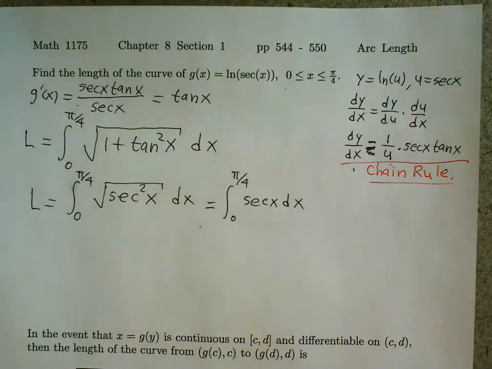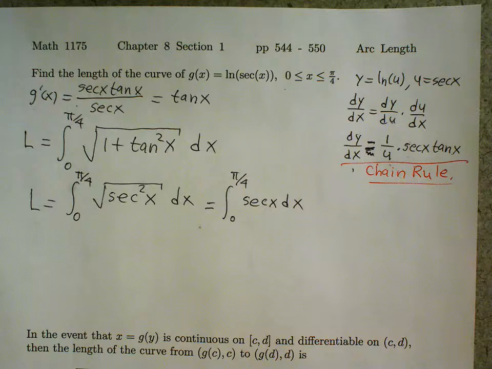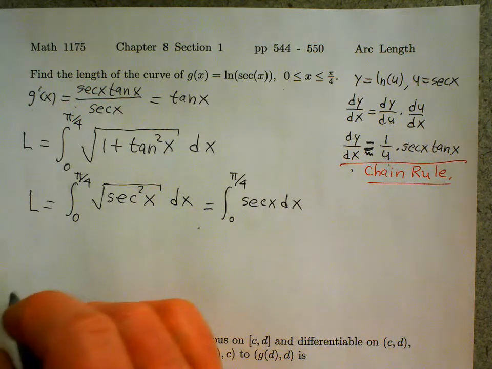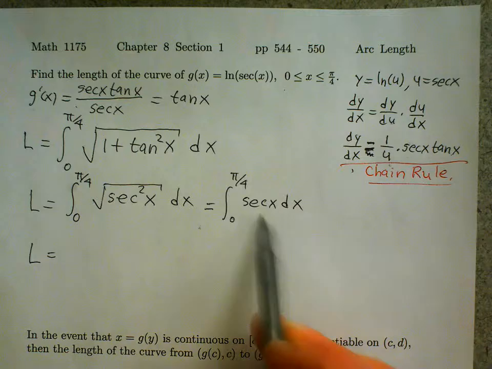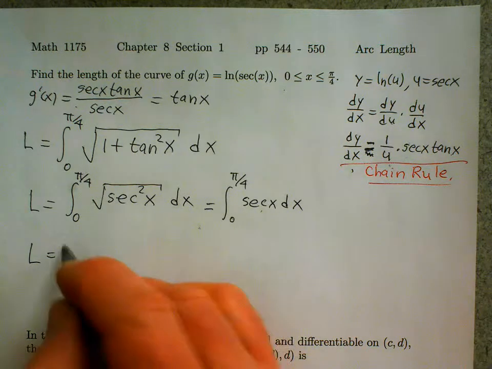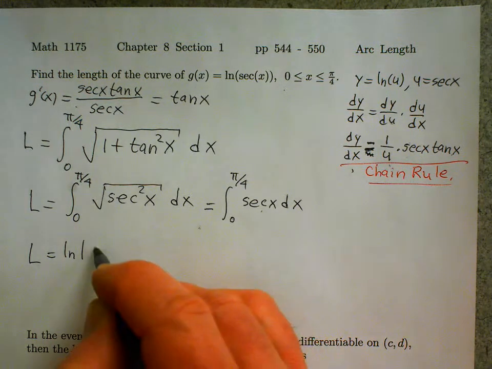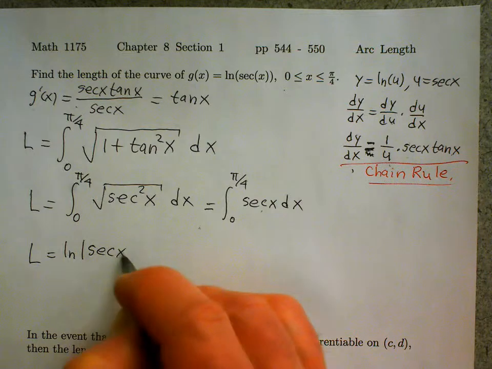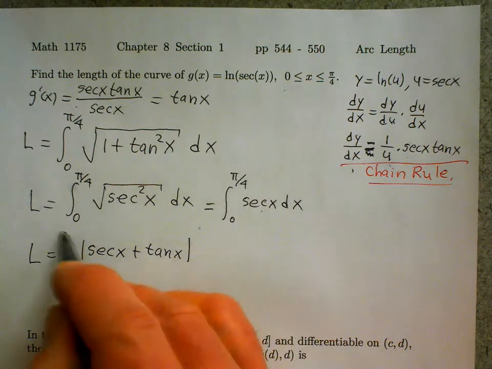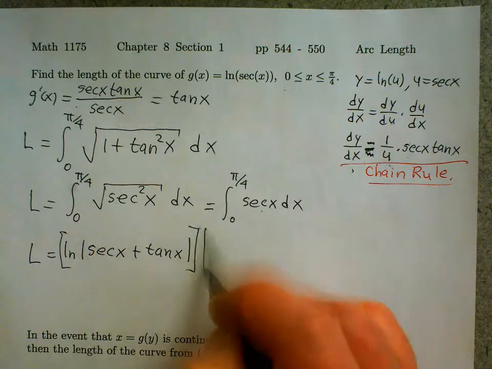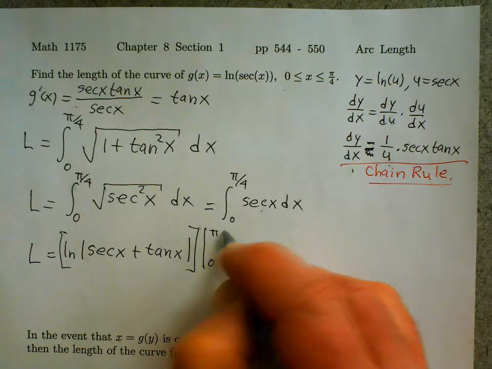And an antiderivative for secant of x is the natural log of the absolute value of secant of x plus tangent of x. And we want to evaluate this from 0 to pi over 4.